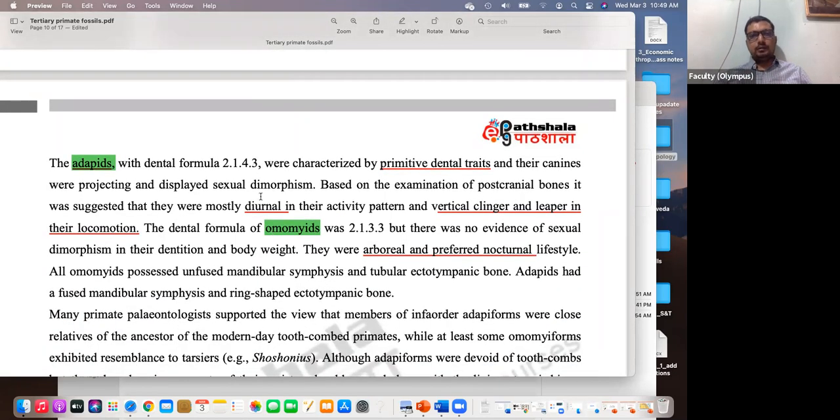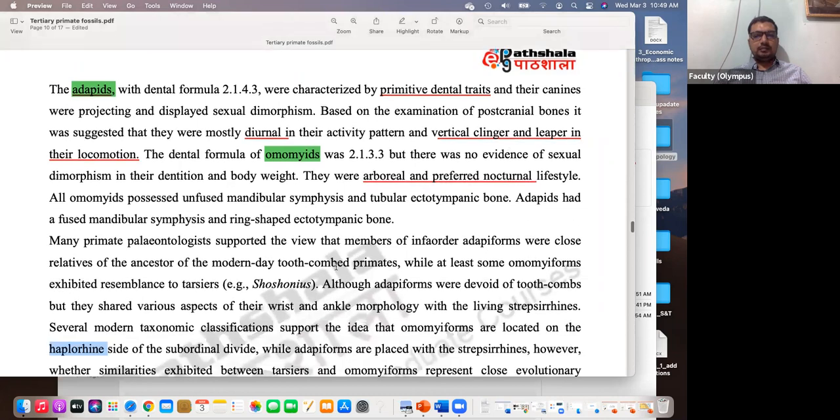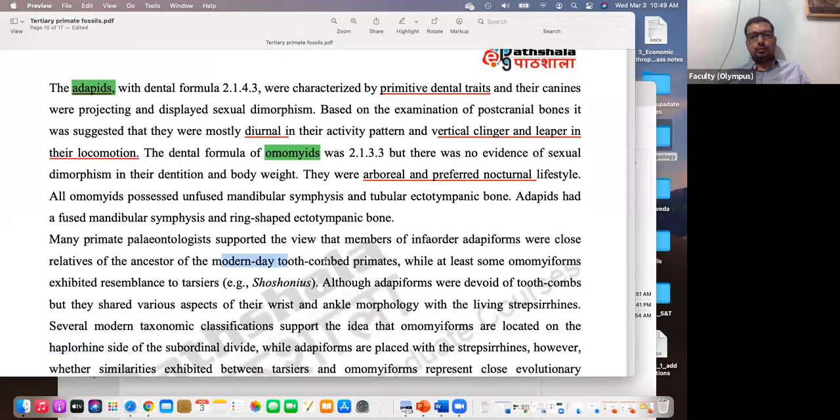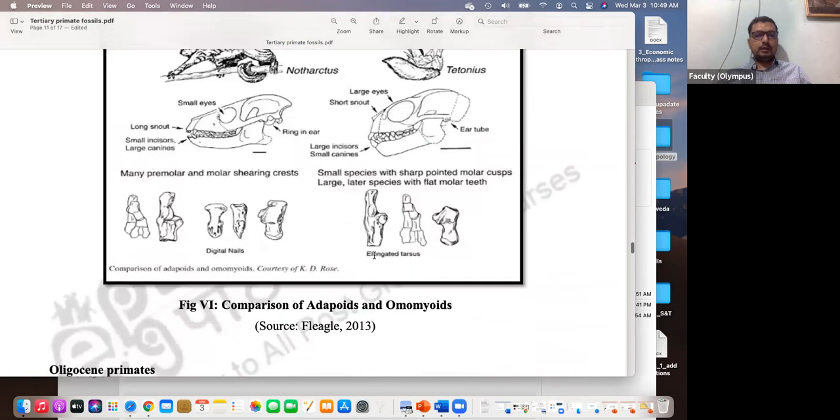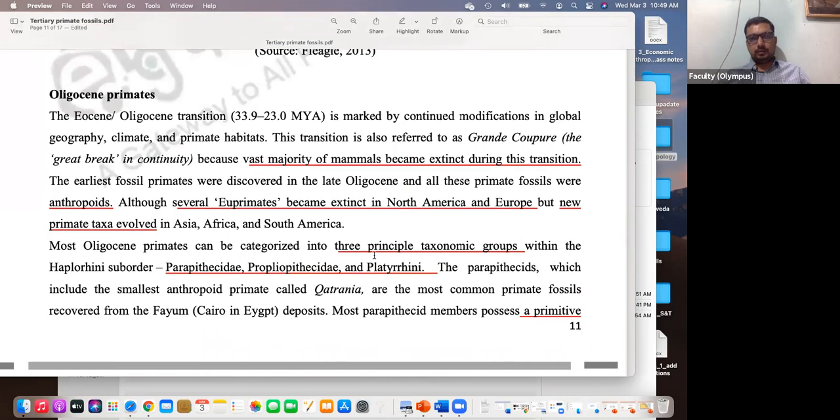The dental formula was not well evolved yet, but we had diurnal and nocturnal forms, creatures more like lemurs and tarsiers, and some more like the modern-day tooth-combed primates. This is what they could find in the Eocene period. Next, we'll move on to the tertiary fossils in the Oligocene primates or Oligocene period.